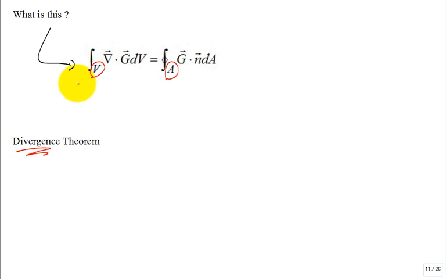Why do we have a little circle in the middle of this integral? It has to be an enclosing area. It can't be like half of it. It works for the whole. Hence, this integrates over the complete volume that's there. Well, what is this G?